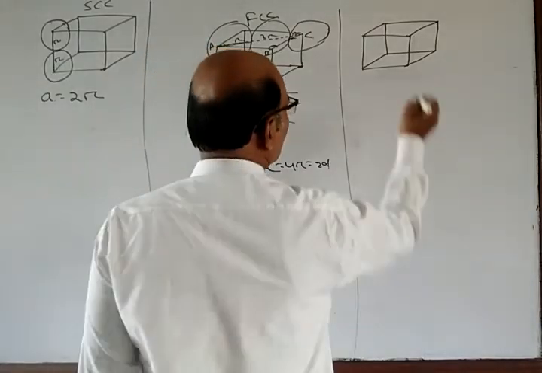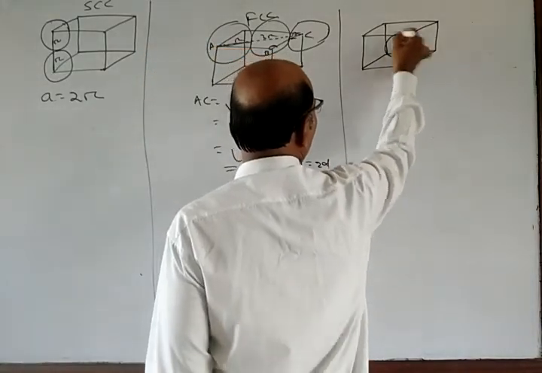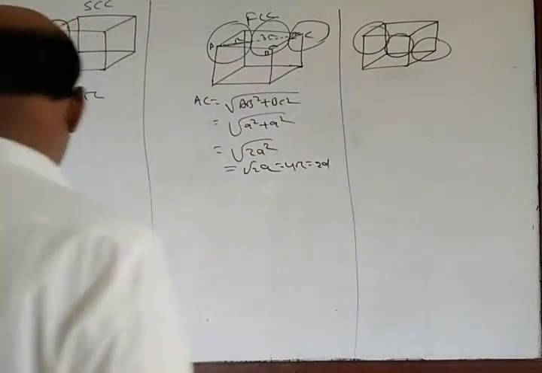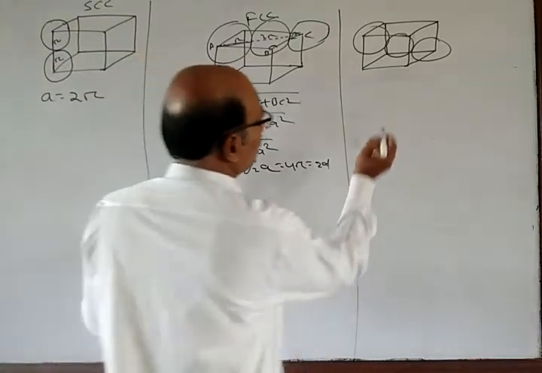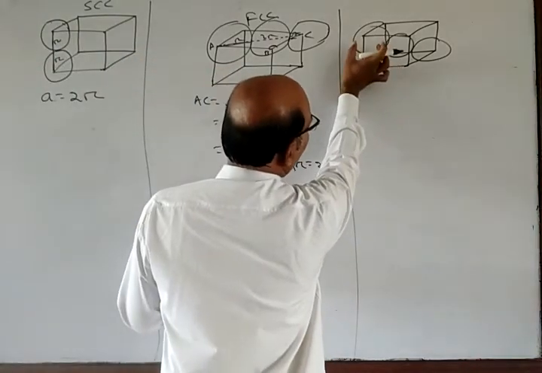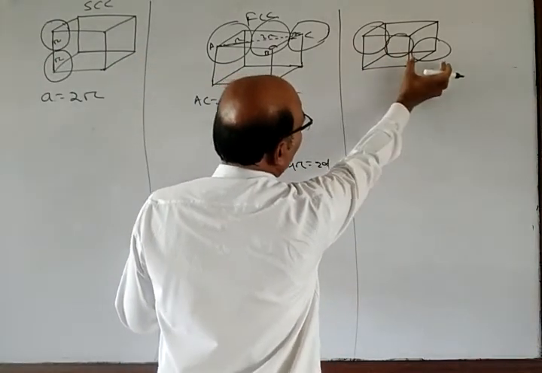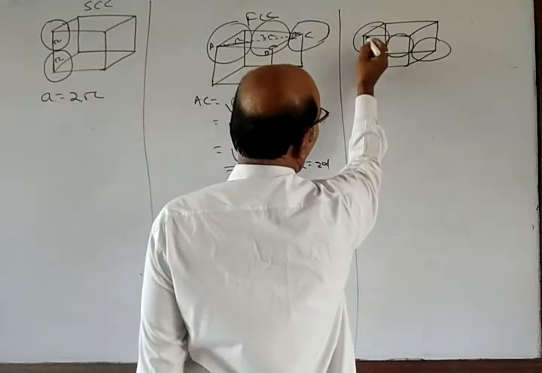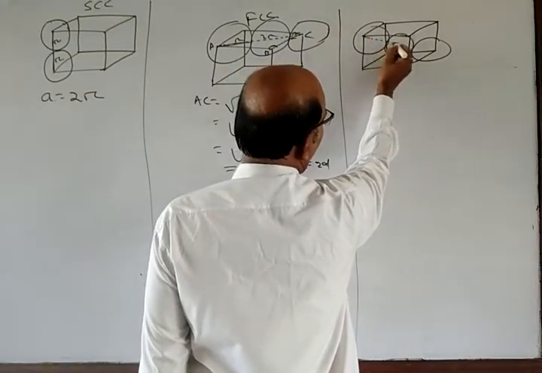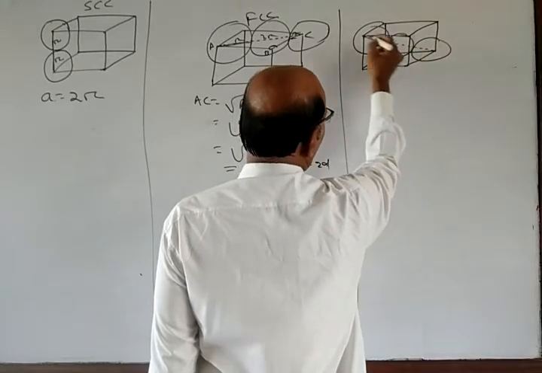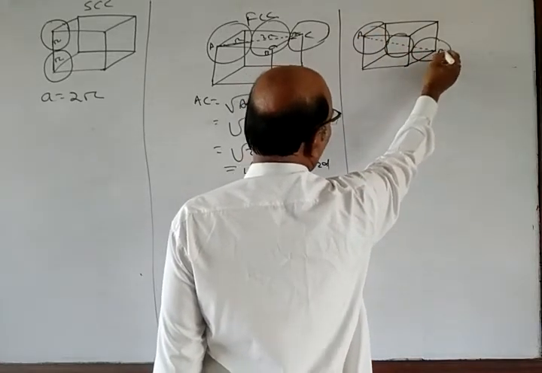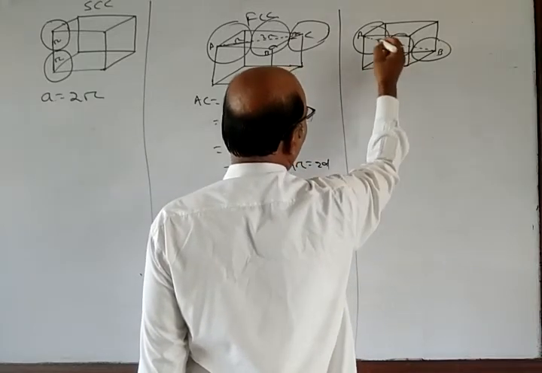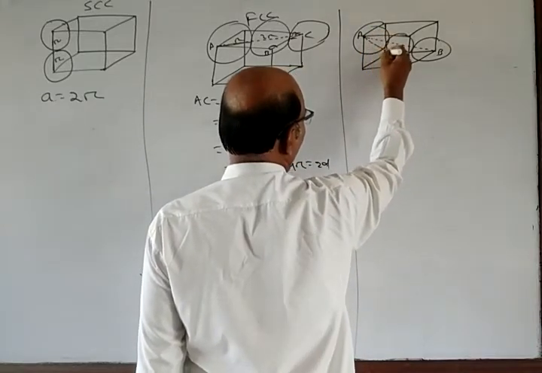Here is an atom at the body, and this is the corner atom. You can say A, B, C, and again take D.